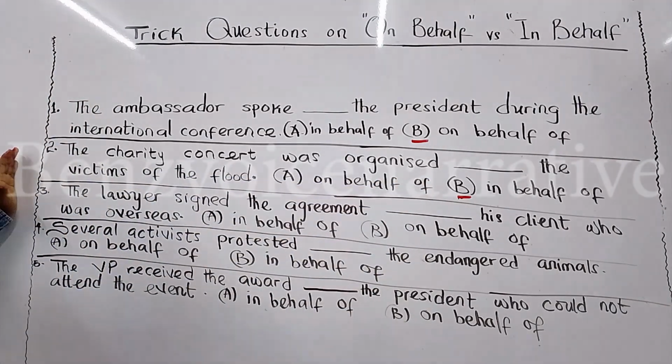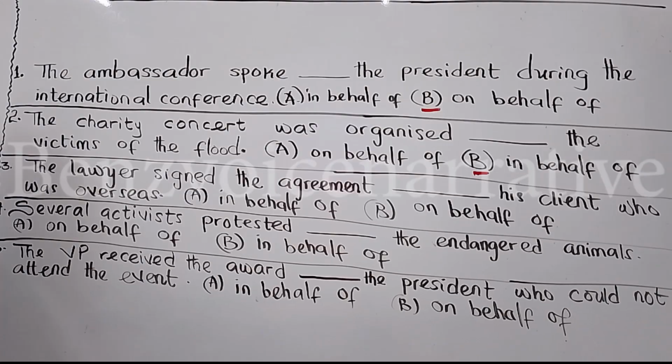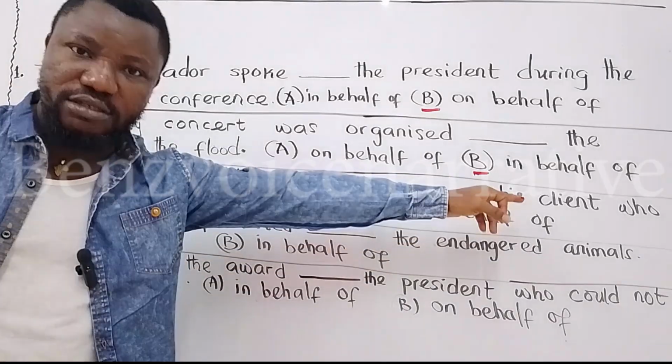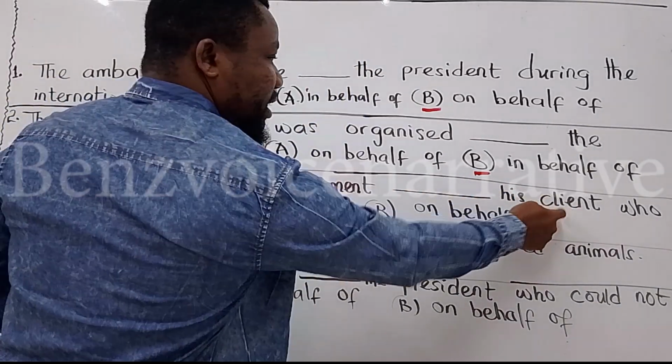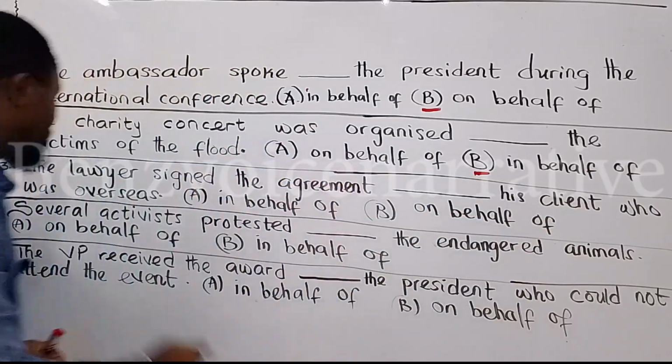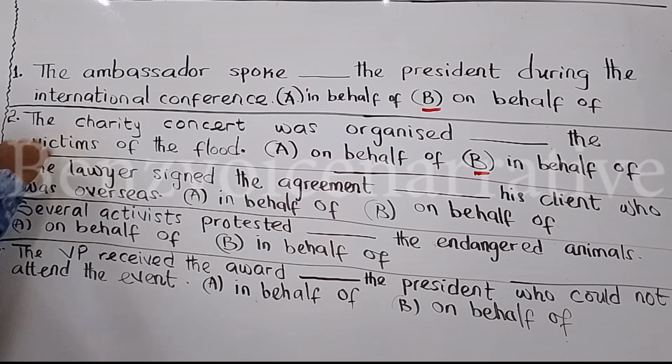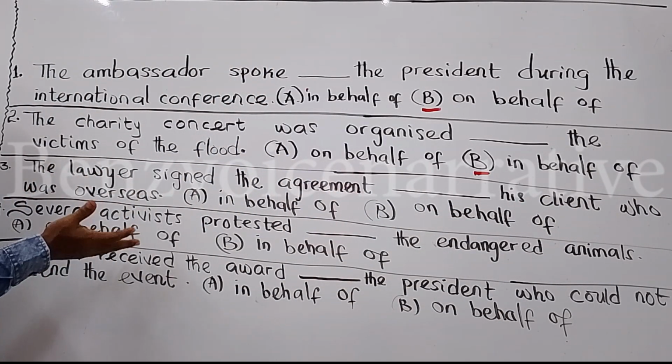Number 3, "The lawyer signed the agreement that his client, who was overseas." The picture here is very clear. We have the lawyer, we have his client, 2 individuals. The client here was, because this sentence is in the past, was overseas.